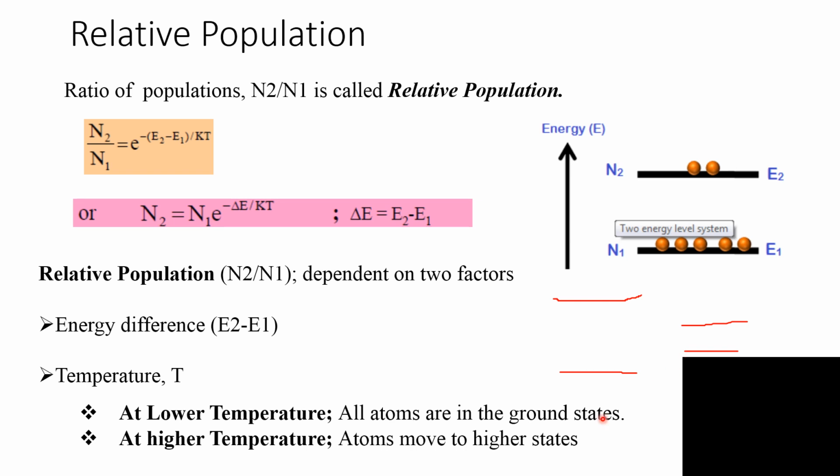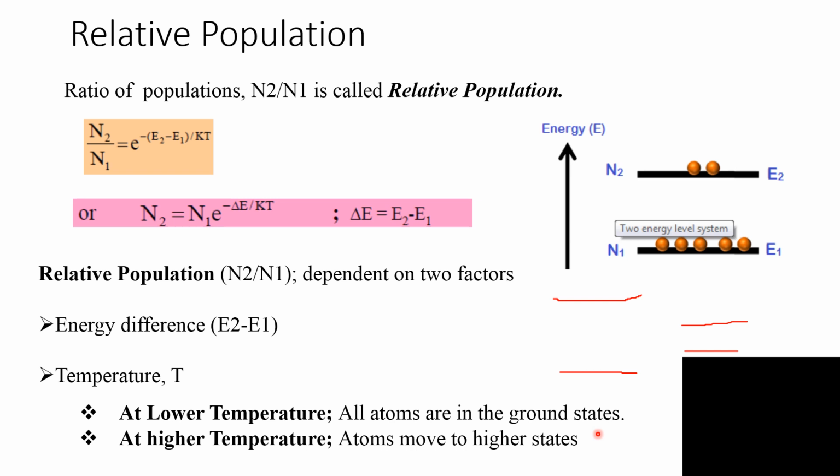So our conclusion is that at low temperature, all the atoms are in the ground state. At low temperature, none of the electrons in the ground state will have enough energy to excite to the upper energy state, so they remain in their ground state.